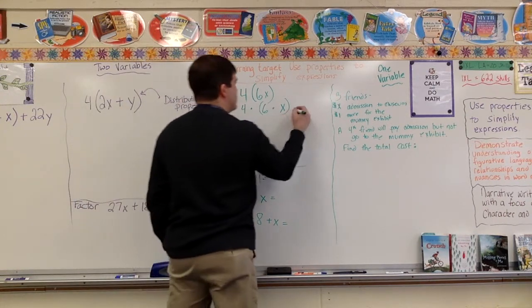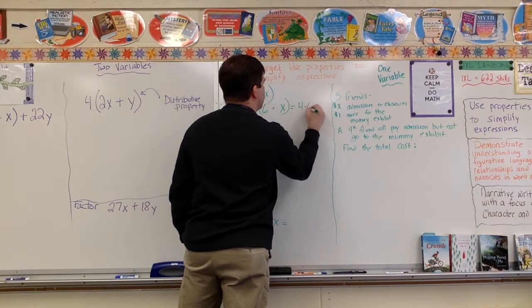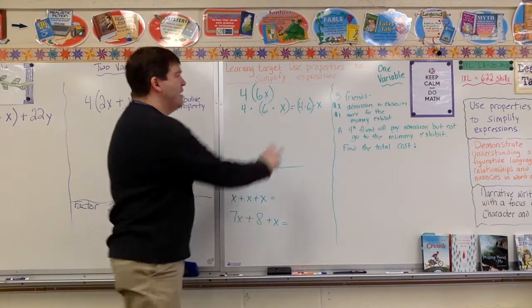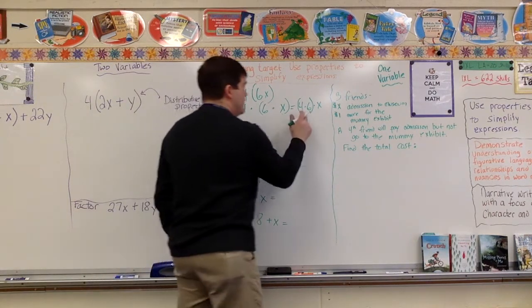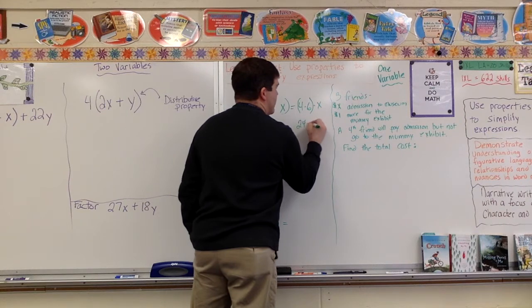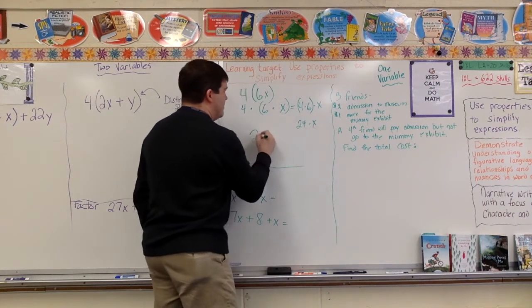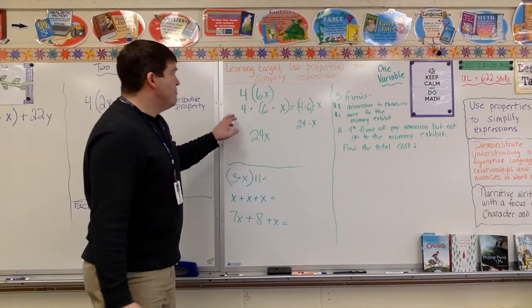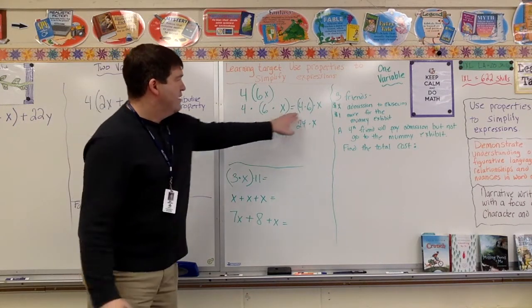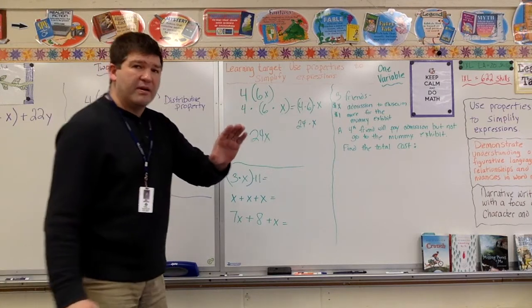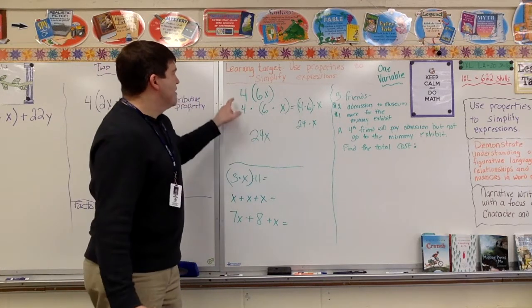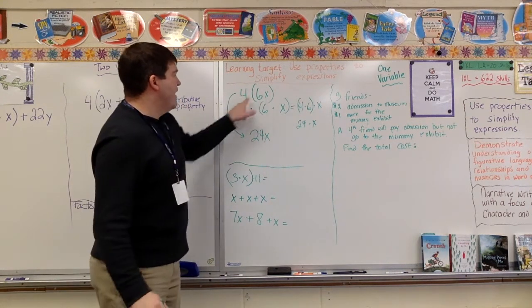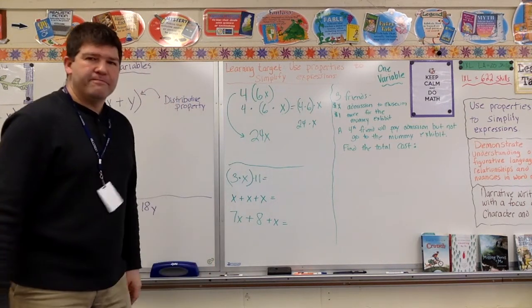So I'm going to switch this to equal 4 times 6 times x. And instead of doing the 6 times x first, I'm going to do these first. So when I do this, it gives me 24 times x, which equals 24x. And we've used the commutative property, or the associative property, I'm sorry. We've used the associative property to help us to see that this can be simplified to be 24x.